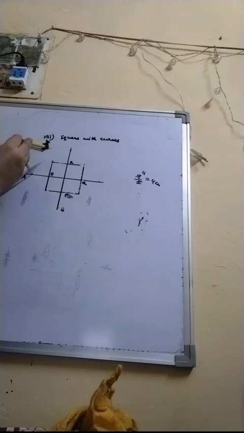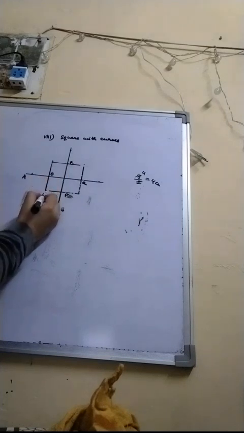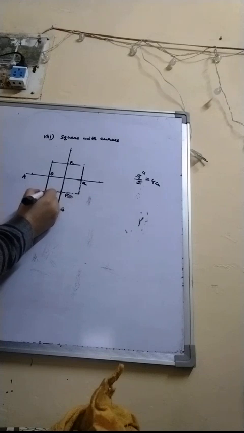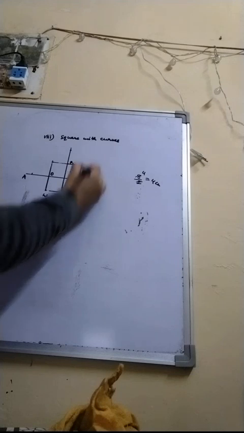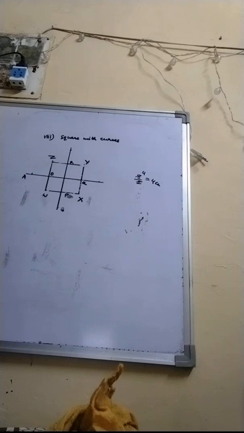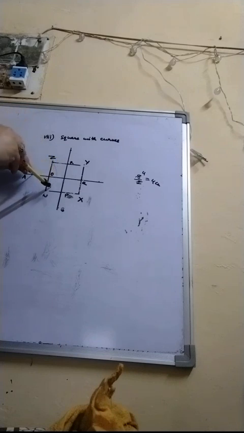from A, reach the corners of the L. Let's take some names, W, X, Y, Z. So what you have to do is you start with A and go till Z. You have to go up to the corner of the square, and draw the circle like this. It will cut W by itself.